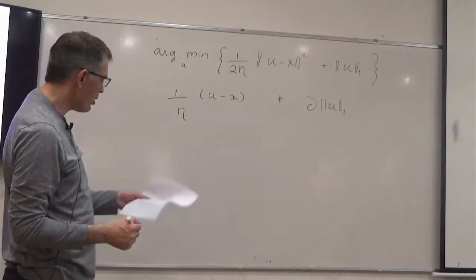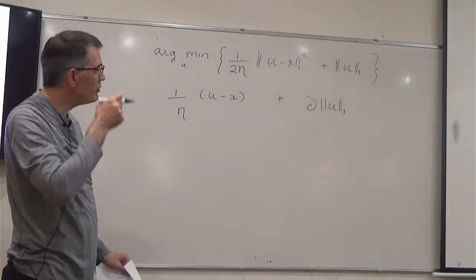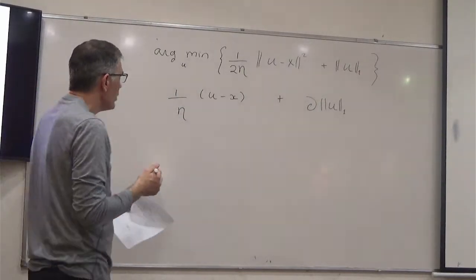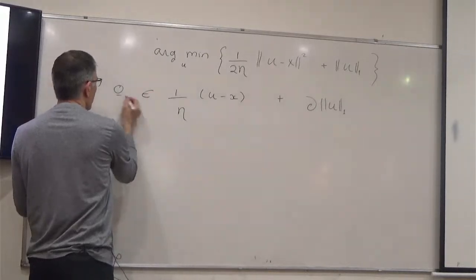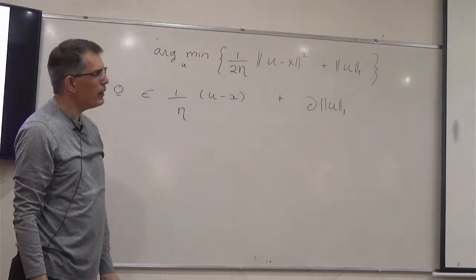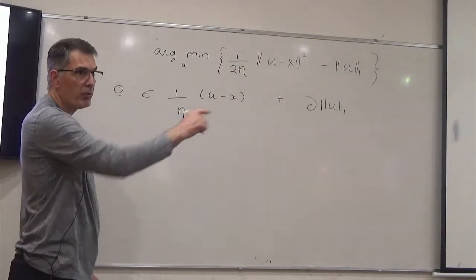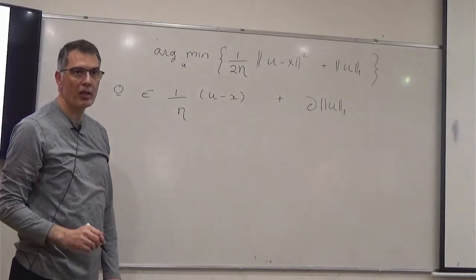Okay, so if I think of my optimality condition, I need 0 to be an element of this, just like I needed the zero derivative to be at the bottom, to be part of my subdifferential for the point to be the minimum over there.